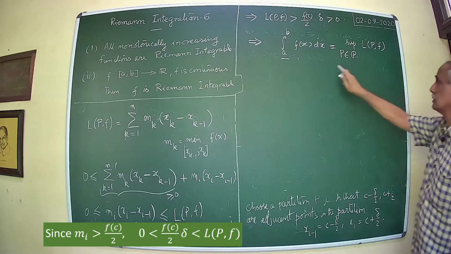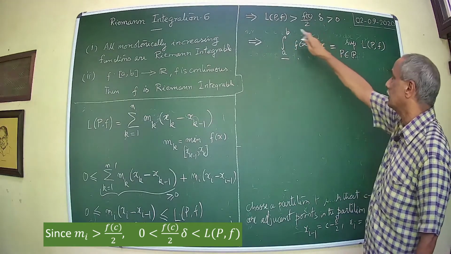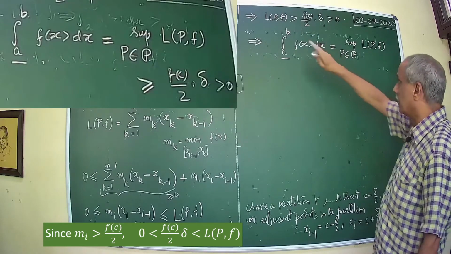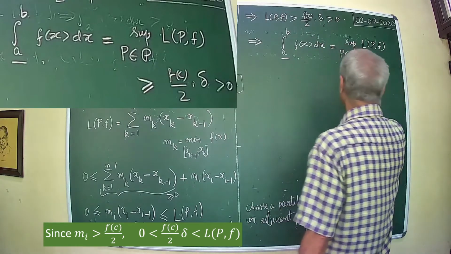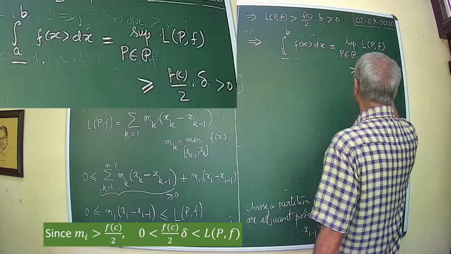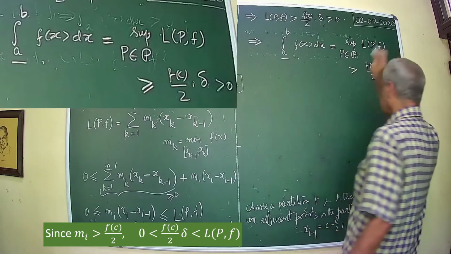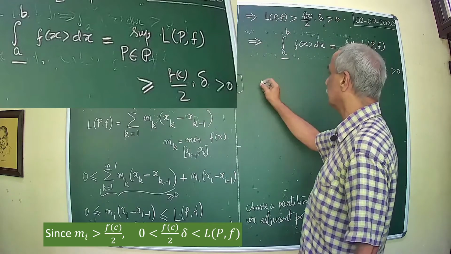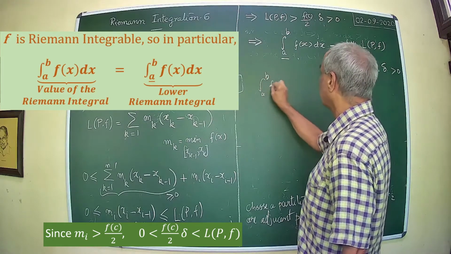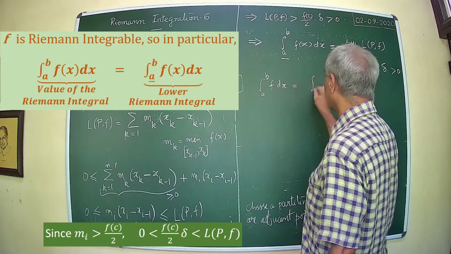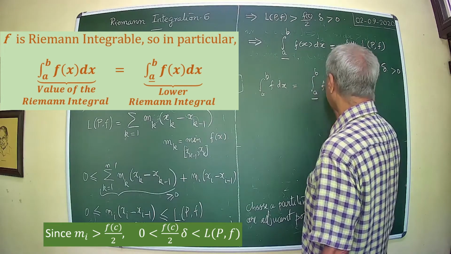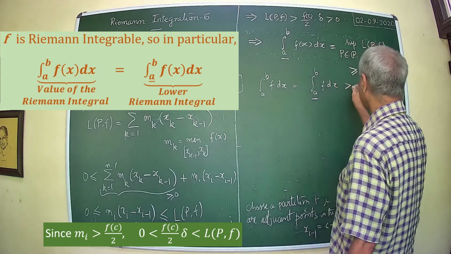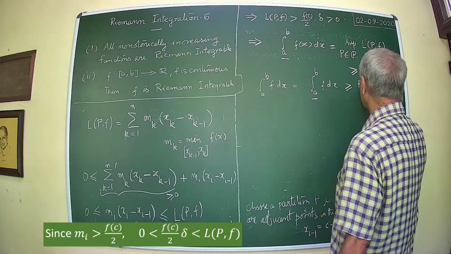You see that this anyway exists, and this is going to be greater than f(c) by 2 into delta. We have proved the result. Since f is Riemann integrable, the integral from a to b of f dx is the same as the lower integral of f, which is greater than or equal to f(c) by 2 into delta, which is positive.